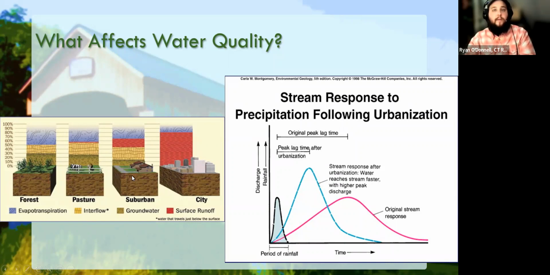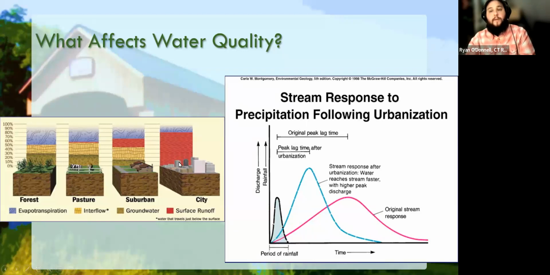Then we move to a more suburban setting, and we get once again less evapotranspiration. There's still green space, there's lawn, there's a couple trees. But we have a lot more pavement, we have a lot of roofs. So the groundwater is even shallower, and we're starting to see a big chunk of surface runoff.